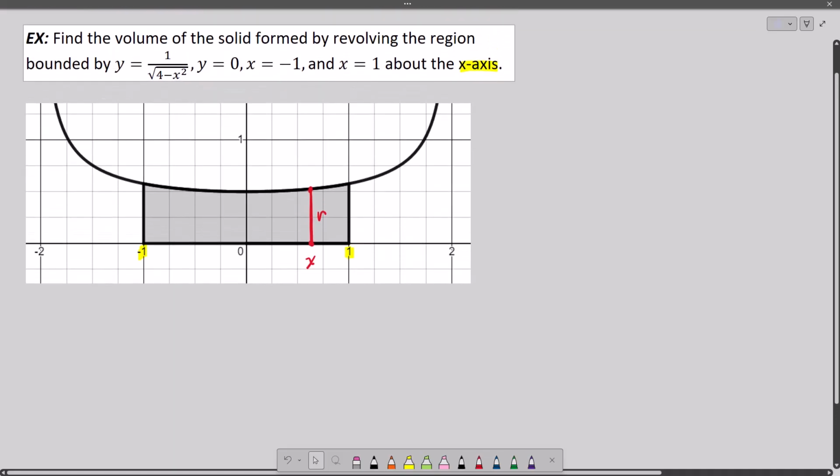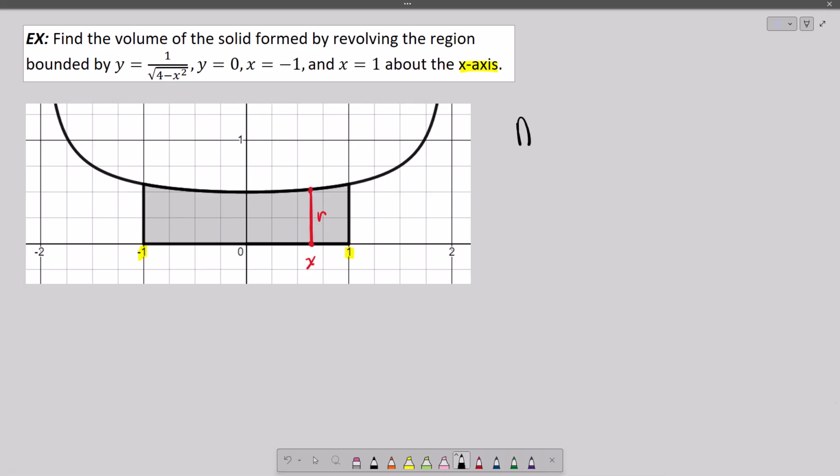Anytime we find the volume of a solid of revolution, we first find the area of the cross-section. So this is going to be the area of a disk. Area of a disk is pi r squared. And the radius is given by the function.